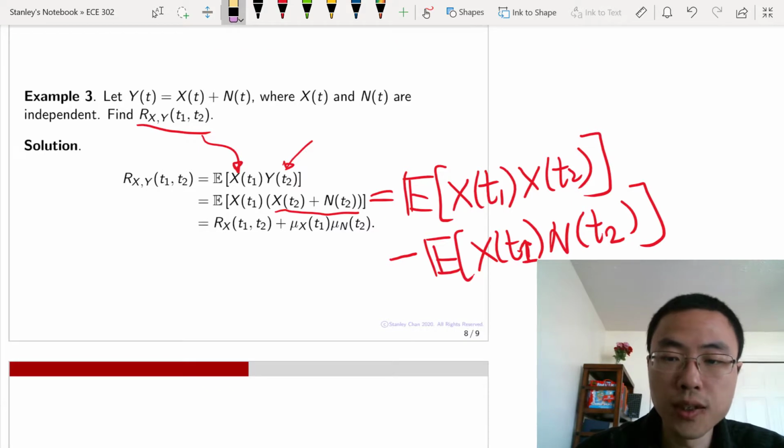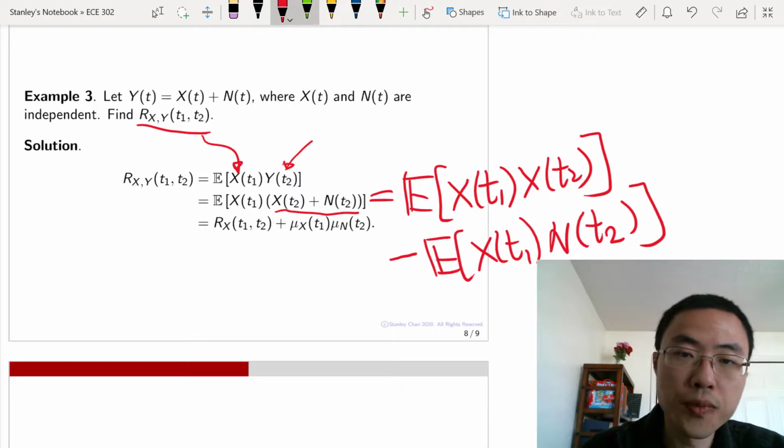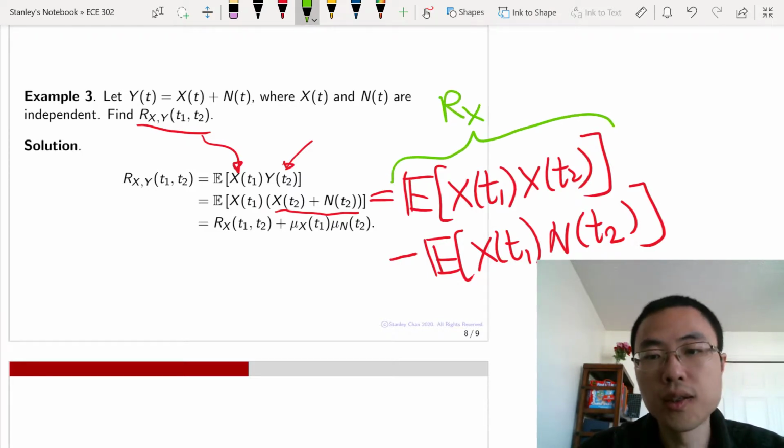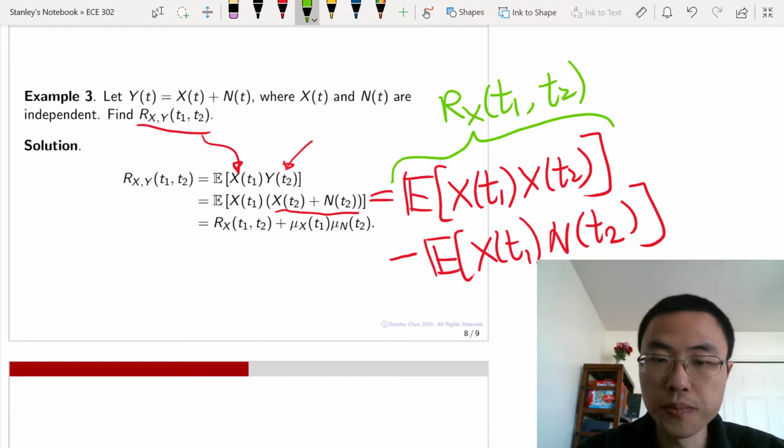So I have these two products. You have x and x, and x and n, both at two different time instants. The first joint expectation is Rx at t1 and t2. That is the definition of my autocorrelation function.